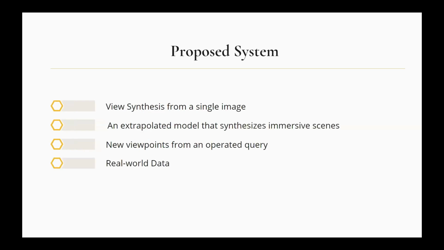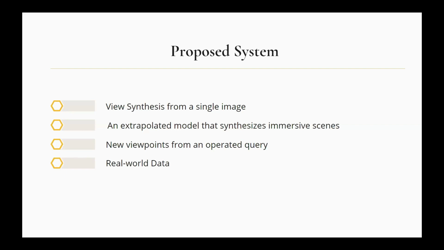So what we try to do in our proposed system is overcome these limitations and come up with a powerful model. Ours will be view synthesis from a single image. We handle this multiple view difficulty with our 3D reasoning module, which I'll be explaining. Our input is just a single view 2D image. Ours is a generalized model that synthesizes novel scenes, and it also has a refinement network for missing regions, so that the output is more precise and the accuracy is realistic.